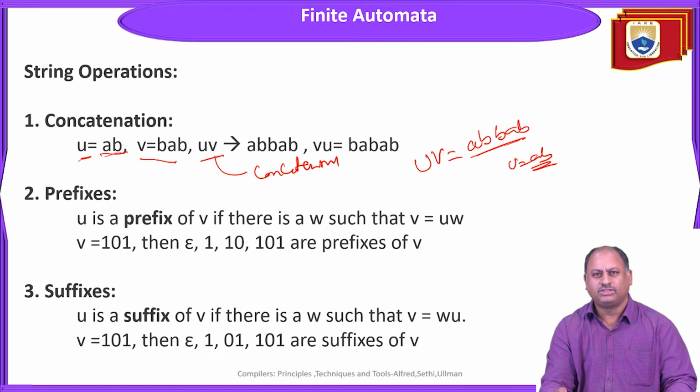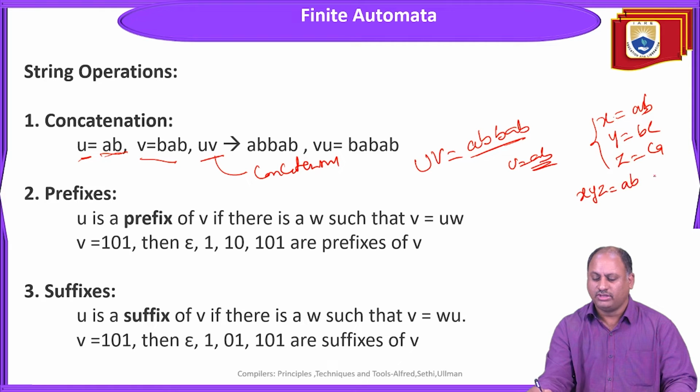There will be no other operators allowed in merging. In the previous slide we discussed which operators are not allowed. That means we cannot put a comma or parentheses like that. So that is called combining, or merging, of the individual strings. This can be applied to several strings also. For example, X contains AB, Y contains BC, and Z contains CA. The combination of these three strings can be represented as XYZ equal to AB followed by BC followed by CA.